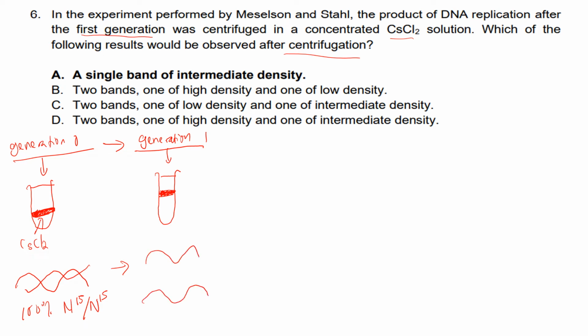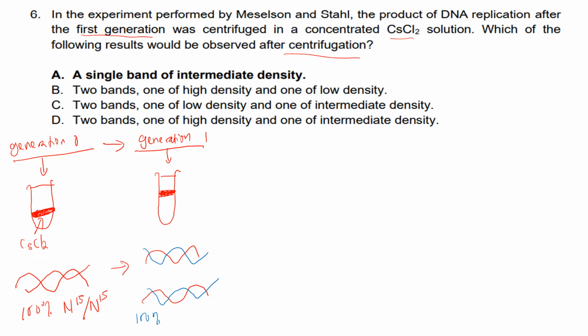Just imagine the red color here indicates that the DNA consists of nitrogen 15. After they have been transferred into the nitrogen 14 medium, the bacteria will use nitrogen 14 from the medium and synthesize the new DNA strand. The blue strand here means that the DNA contains nitrogen 14. So 100% of the DNA for generation 1 has intermediate density.